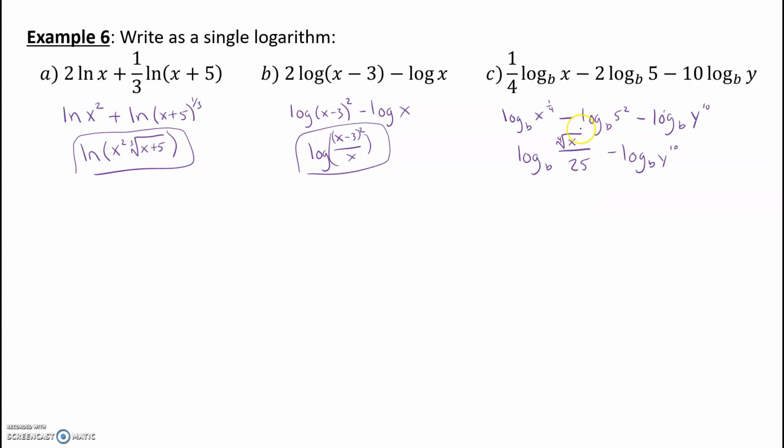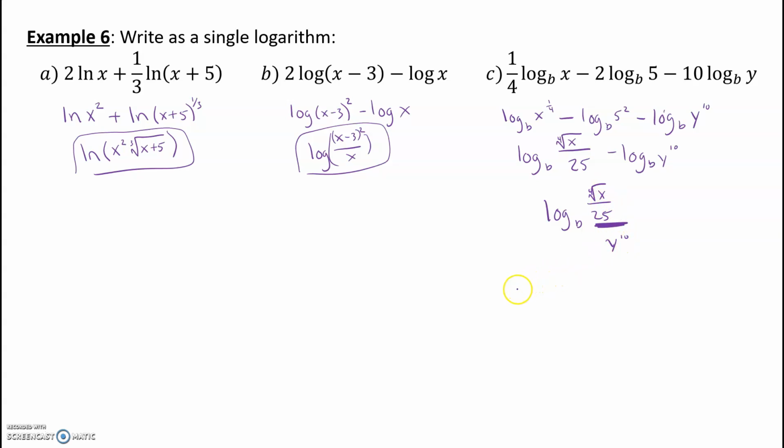Again, subtraction means division, so we're dividing again. Log base b of 4th root of x over 25 divided by, this one looks pretty terrible, y to the 10th.